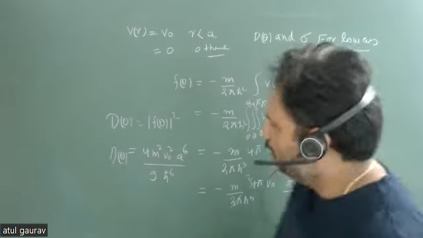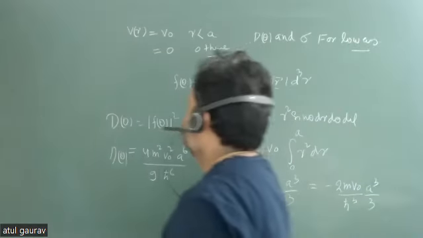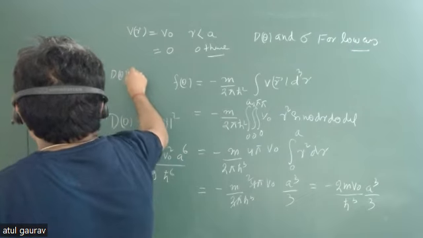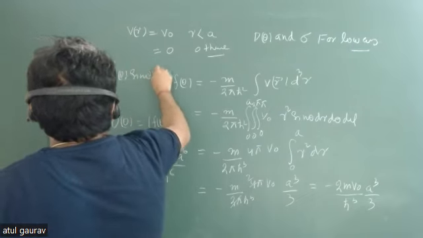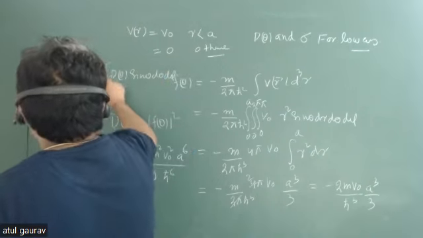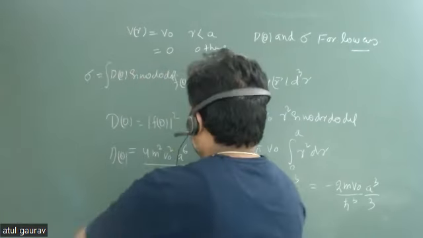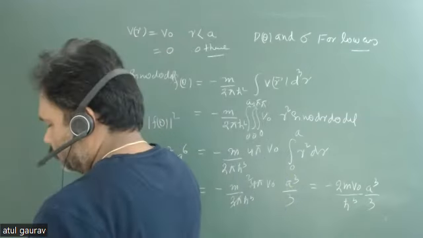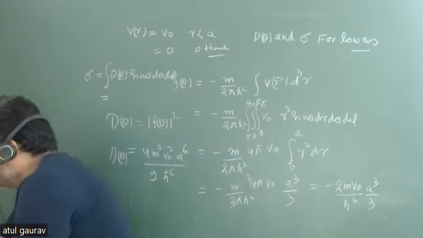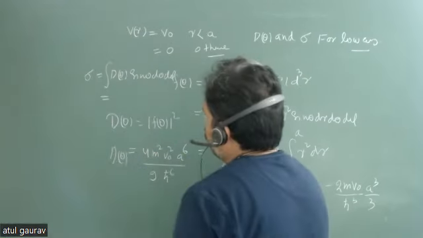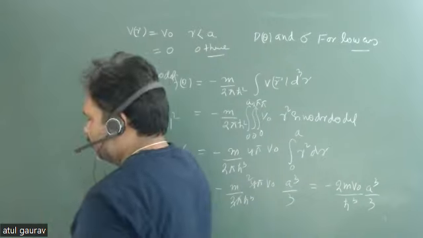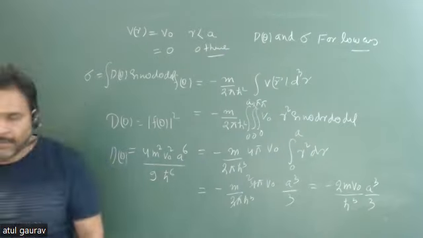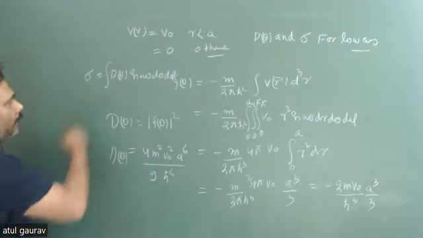Okay, now you can easily calculate your total scattering cross section. So how will you calculate the total scattering cross section? Sigma is equal to the integral of d sigma by d omega times sin theta d theta d phi. So when you calculate it, the term 4 pi will be introduced into this calculation.